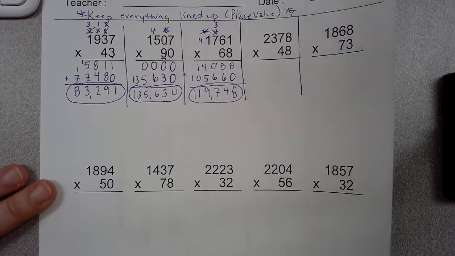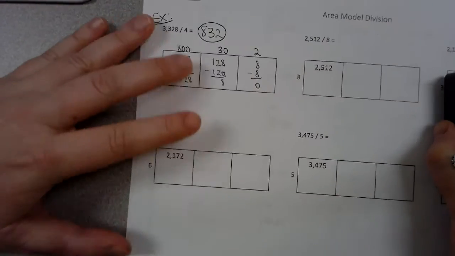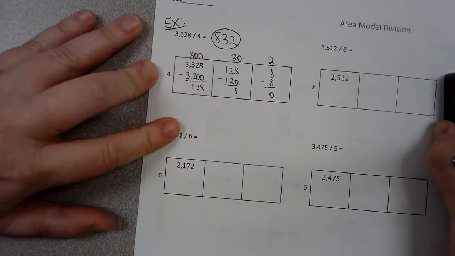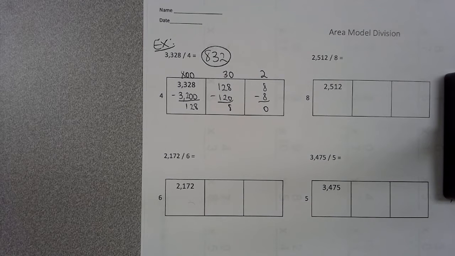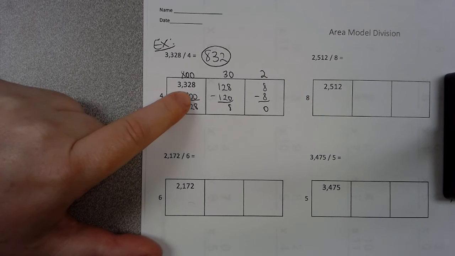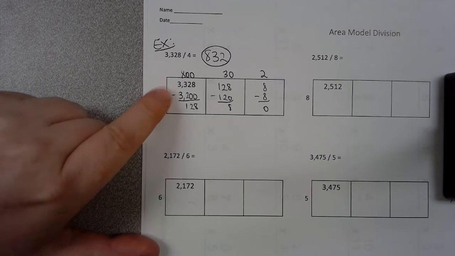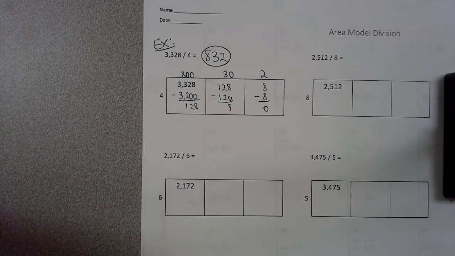All right, the division. Miss Coggin did an example for you, and I will talk you through it. The example was 3,328 divided by 4. You put the whole number here, 3,328, and you ask yourself, how many times will 4 go into 3,328?